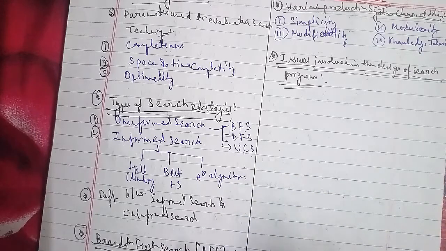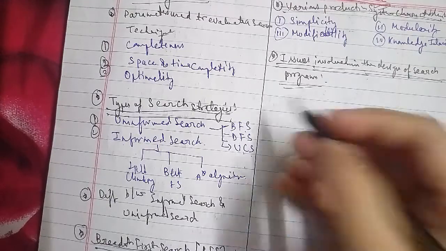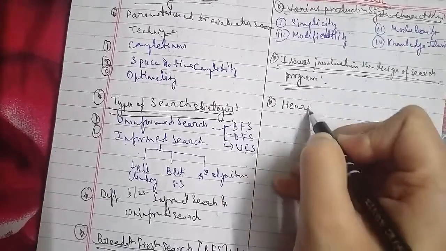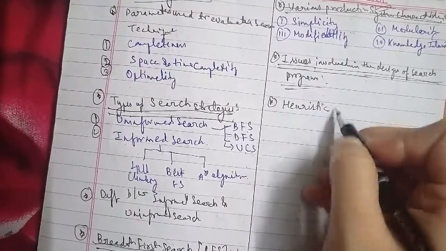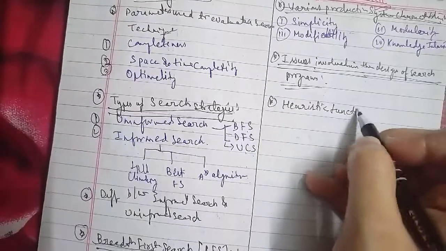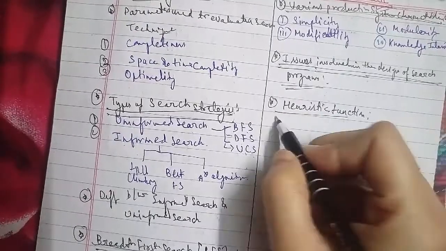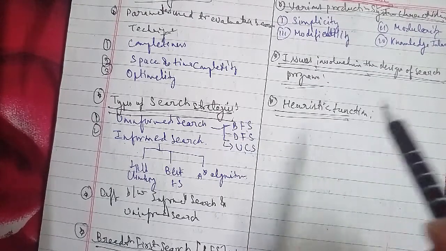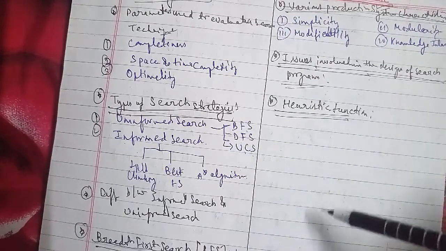In the heuristic search, a heuristic function is a function that ranks alternatives in a search algorithm at each branching step based on available information to decide which branch to follow. It takes the current state of the agent as its input and produces an estimate of how close the agent is to the goal.